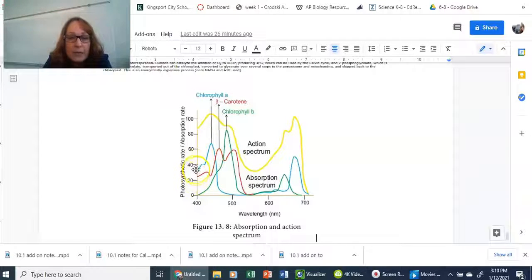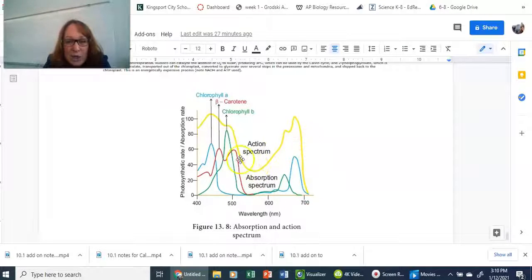Like we said, it goes from 400 to about, what did we say? No, 450. Then there's not much action that it gives you. And then it picks back up at 650 and goes to about 700.